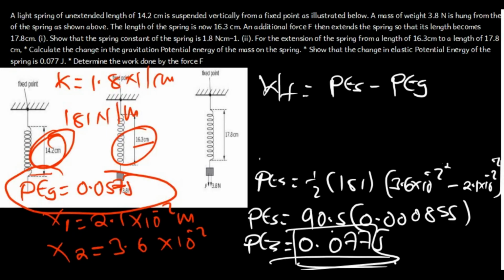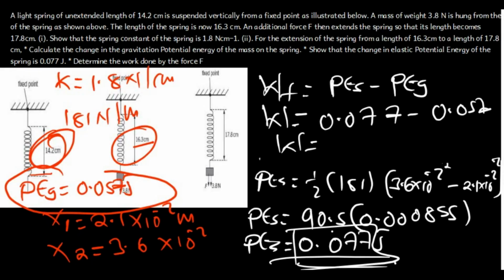Okay, so this is going to be like this. It's going to be 0.077 minus 0.057. So that will be the work done by the force, because we know that this 0.057 is the work done by the 3.8.